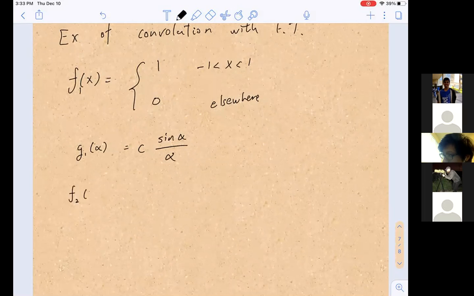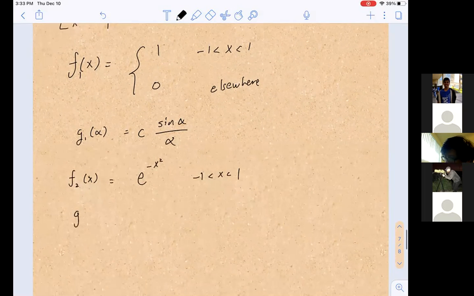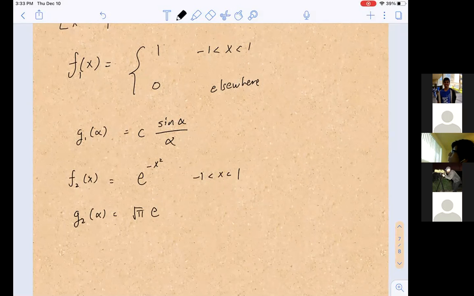Okay, and then we have another function. What is another function that's nice? It can be a Gaussian, let's say e to the negative x squared. Okay, so the Fourier transform of this is square root of pi times e to the negative p squared over 4.